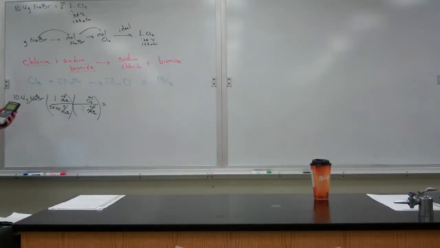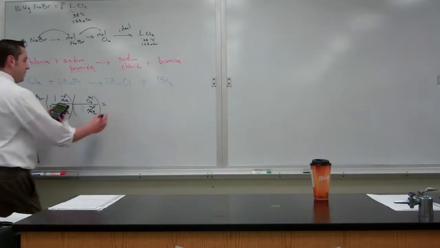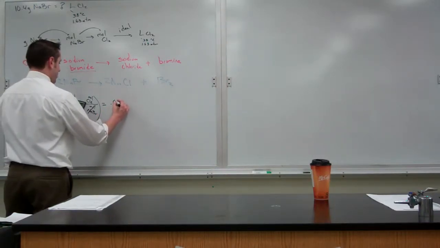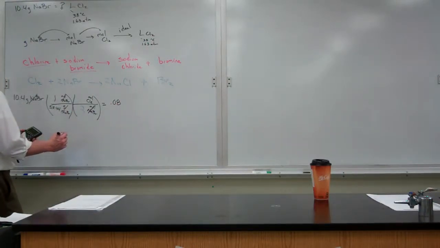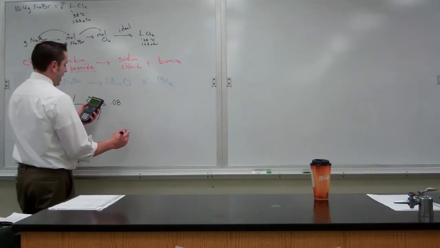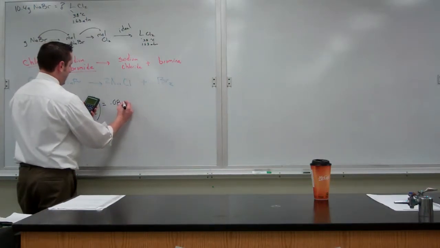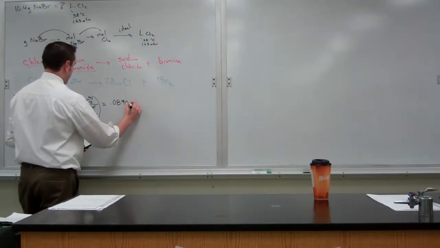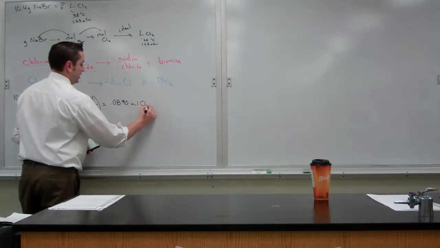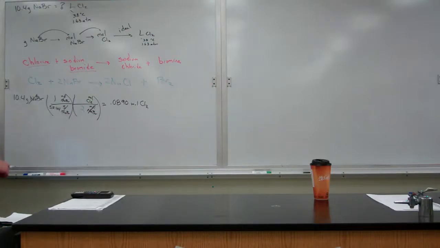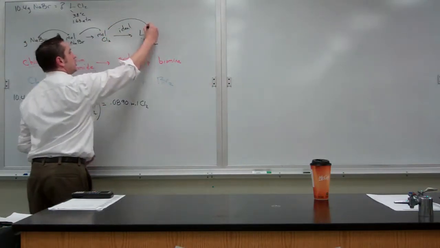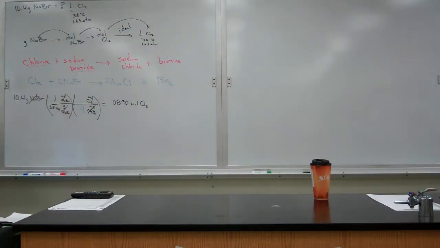And so 10.4 divided by 58.44 divided by 2 gets me a value of 0.08898, and with 3 sig figs, that would become 0.0890 mole Cl2. I want to go from the moles to the liters now at conditions.